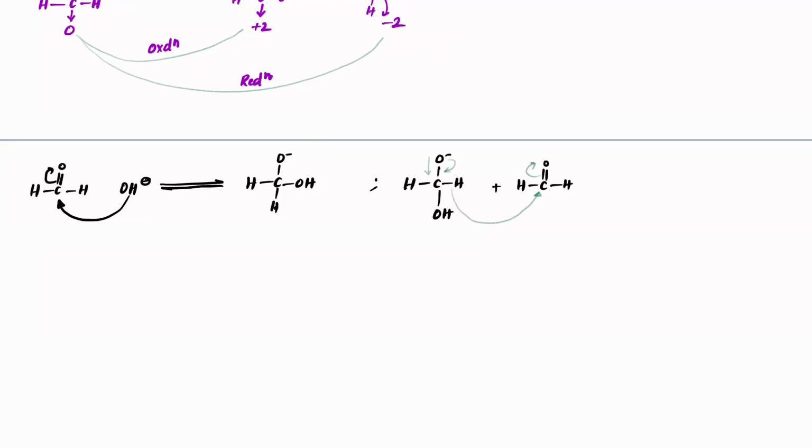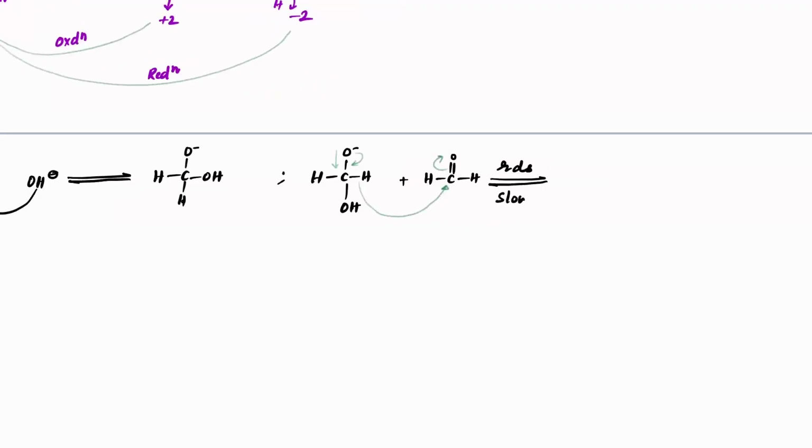And this carbon hydrogen bond breaking is difficult. So it will be a slow process, and that is the rate determining step. Hence it will become HC double bond O, OH plus, and I get one hydrogen attached here, so CH2O minus.